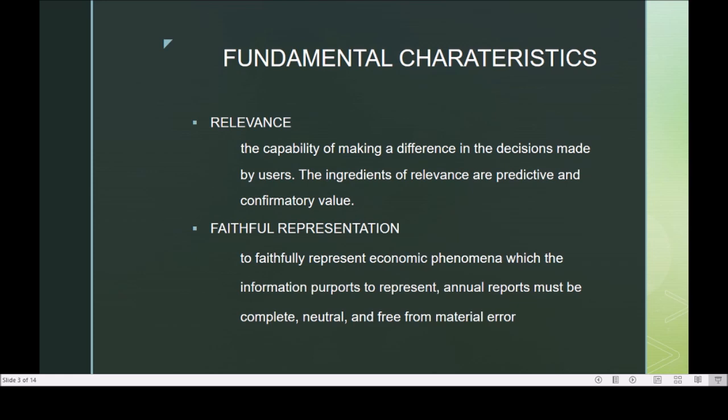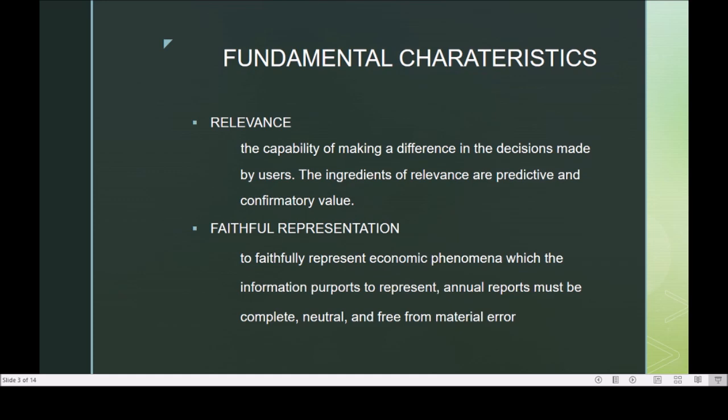Faithful representation, okay, to be faithfully represented, the financial information must faithfully represent economic phenomena which the information purports to represent. Annual reports must be complete, neutral, and free from material error. Meaning, in order for a financial information to achieve this particular characteristic, namely the faithful representation, the financial information must be complete.